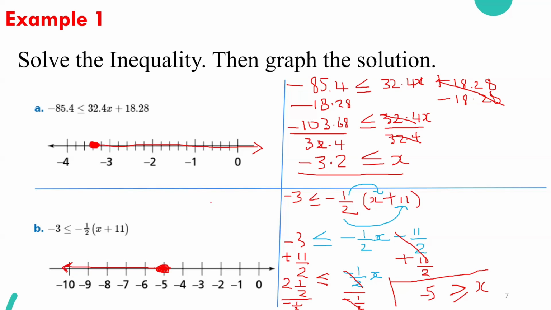If you just have the symbol with a less than or a greater than, you leave the circle open because that is saying that value is not a part of the solution. The variable is either greater than it or less than it, but that value is not a part of the solution. Once you have the line underneath the symbol, it means that the value for the variable that you are finding is a part of the solution. So you have to know when to leave it open and when to shade it.